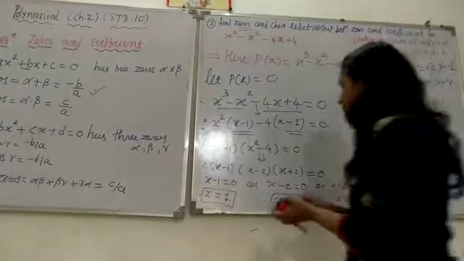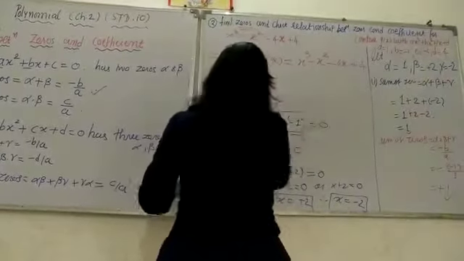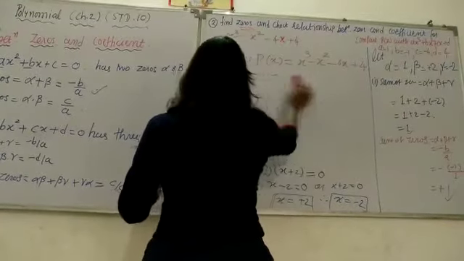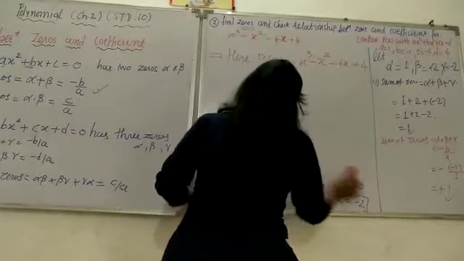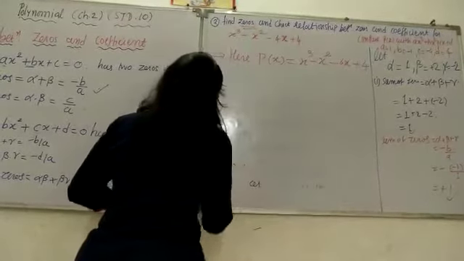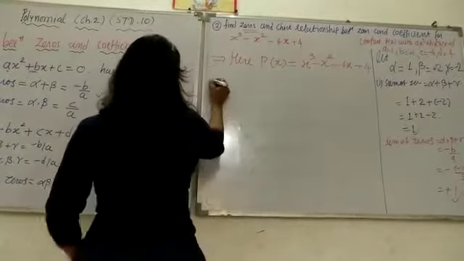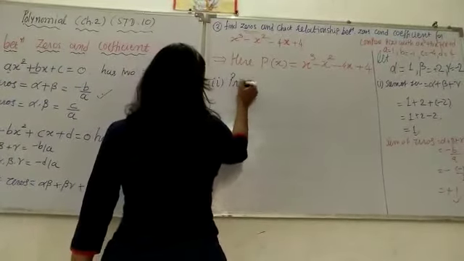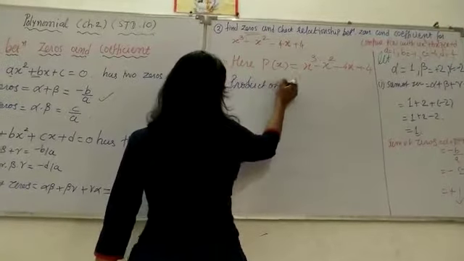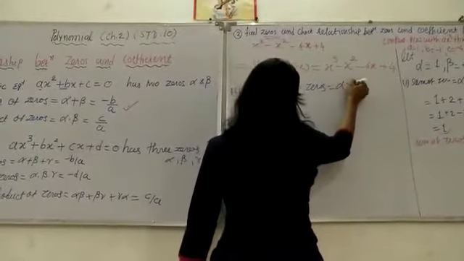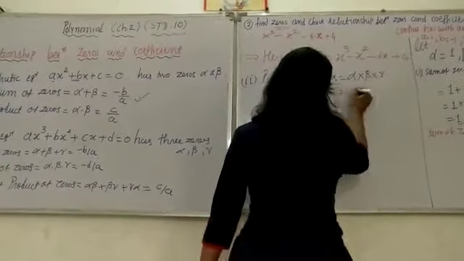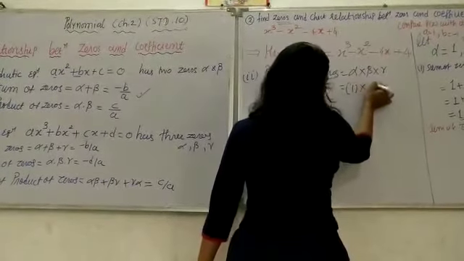Now for the second. What is your second relationship between zeros and coefficients? Product of zeros. Alpha into beta into gamma. What is your alpha? 1. What is your beta?